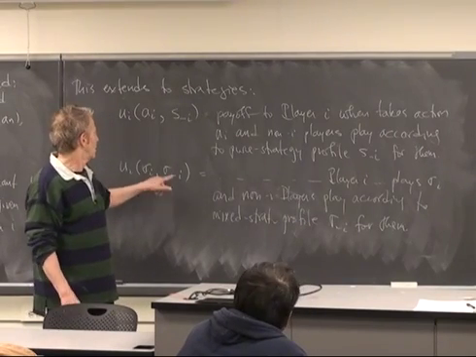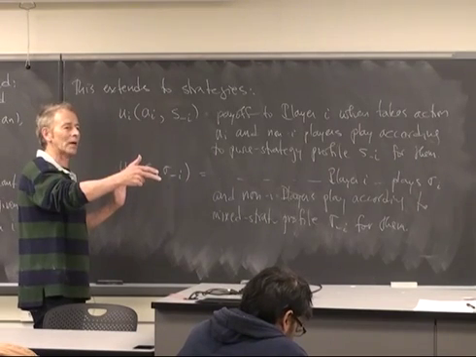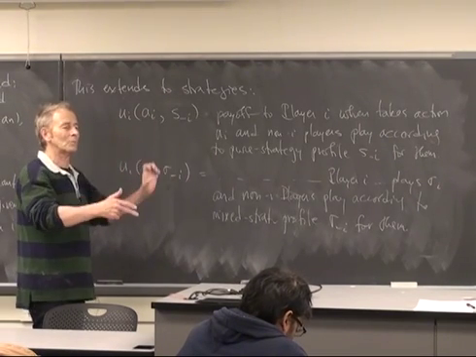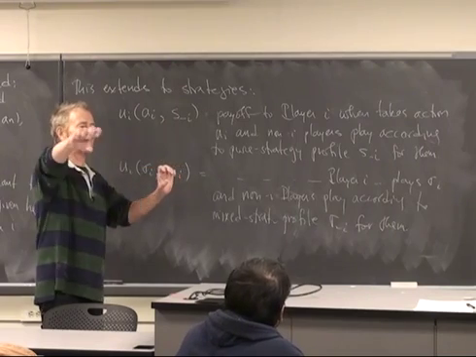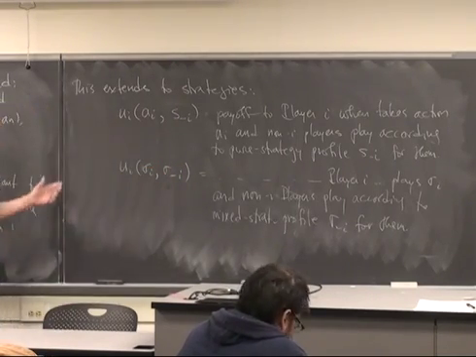Then sigma sub minus 11 is going to be a list of 15 strategies, one for player 1 through player 10, and one's for player 12 through player 16. And it's just collapsing in that notation.